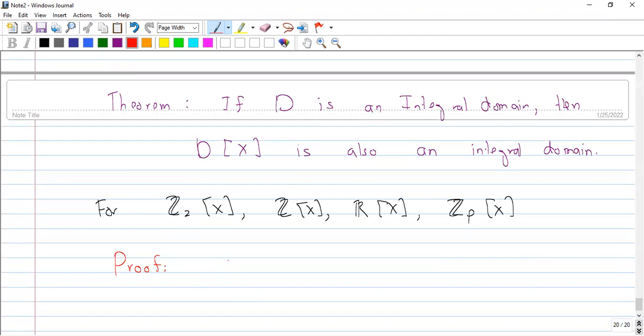So we already know that since 1 is an element of D, so 1 जो identity polynomial होता है, it is also an element of D[x], because identity polynomial क्या होता है कि constant term 1 होती है polynomial की, और बाकी terms 0 होते हैं. So this is an element of D[x].